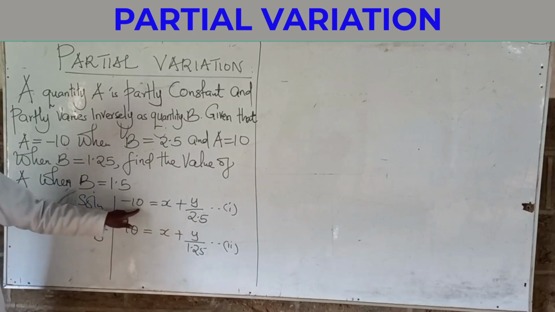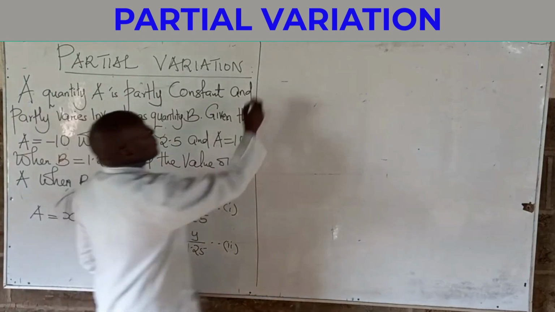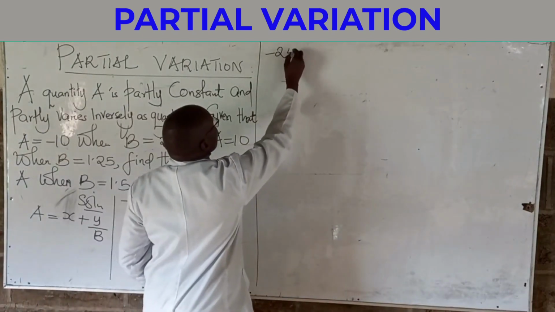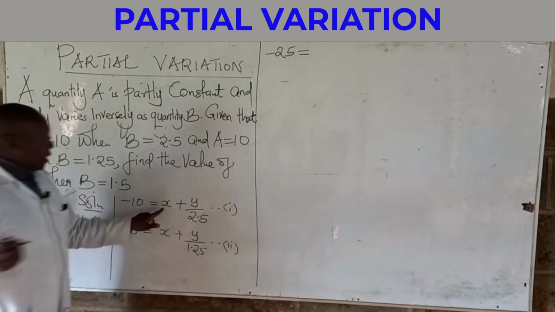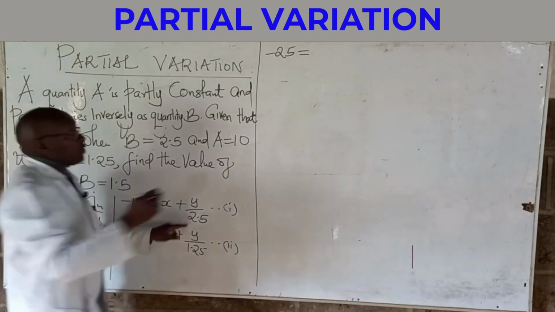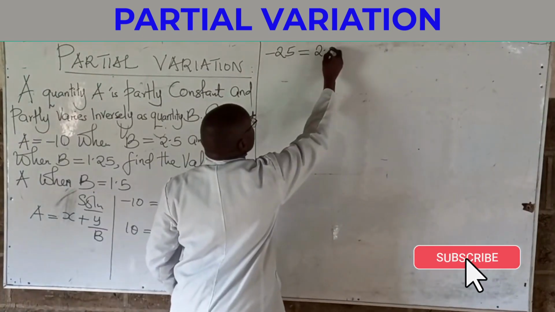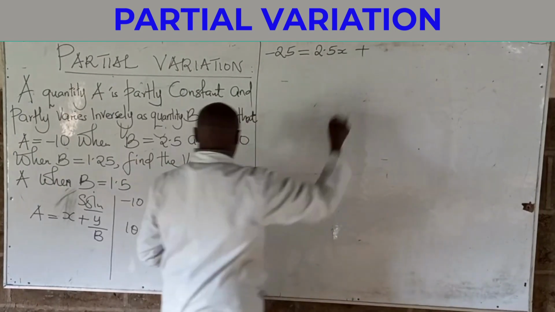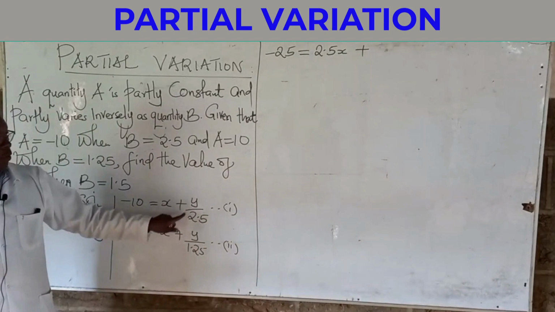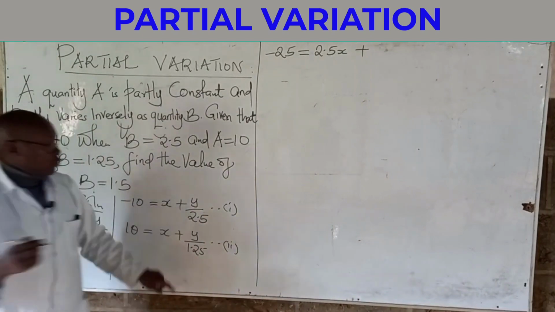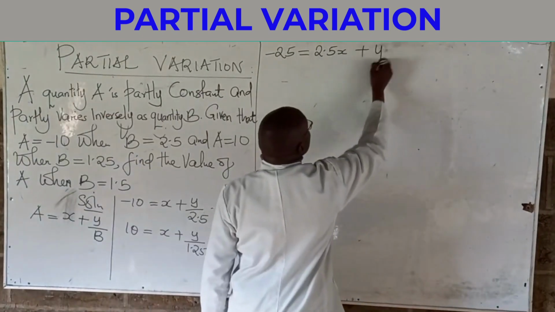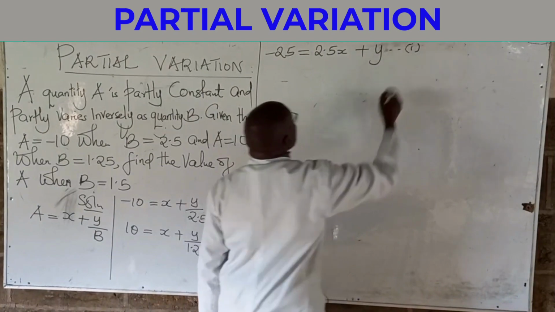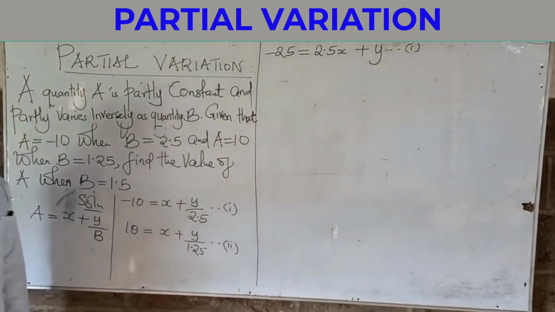So -10 multiplied by 2.5 gives -25, which is equal to X multiplied by 2.5, that is 2.5X, plus Y divided by 2.5 multiplied by 2.5, which gives Y. That is equation 1 simplified. We have removed the denominator.